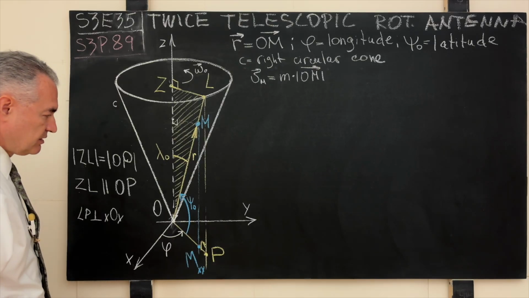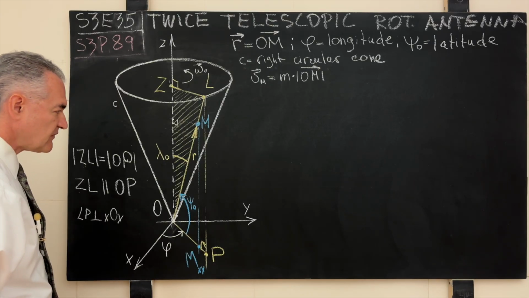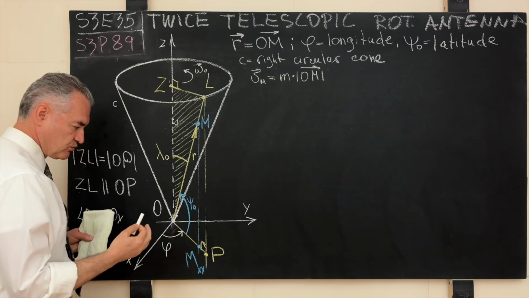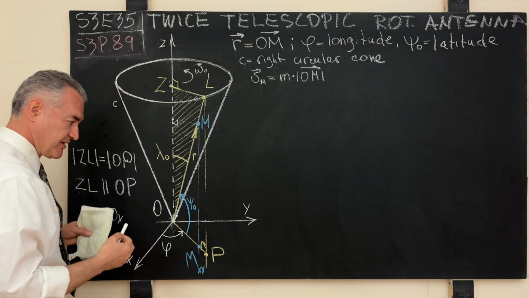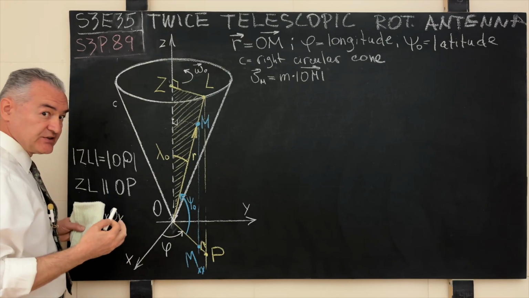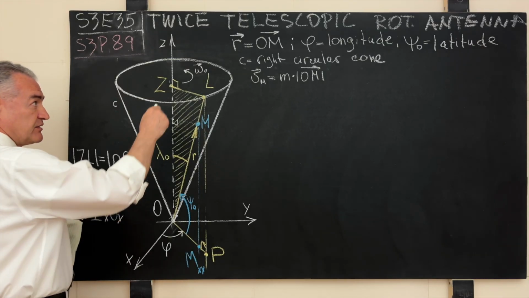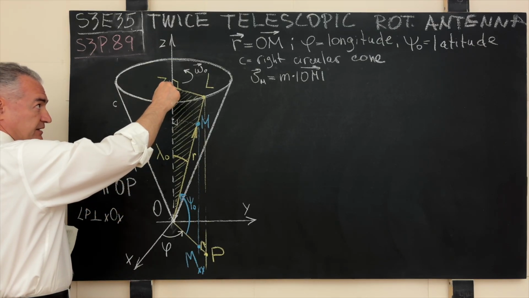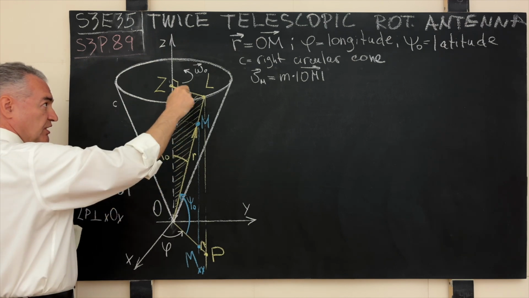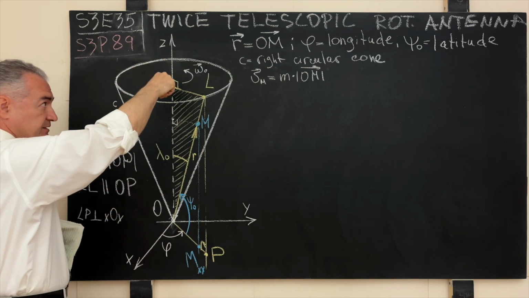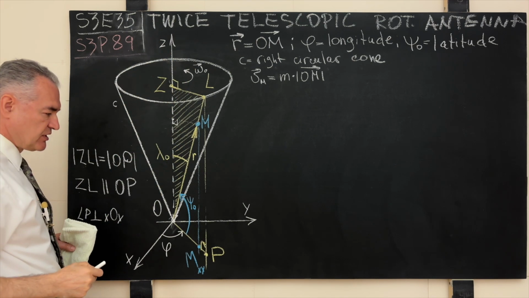And in this particular case, how can we translate into mathematics the physical interpretation of the fact that the axial cross-section OZL rotates about the axis Z with a constant angular velocity?